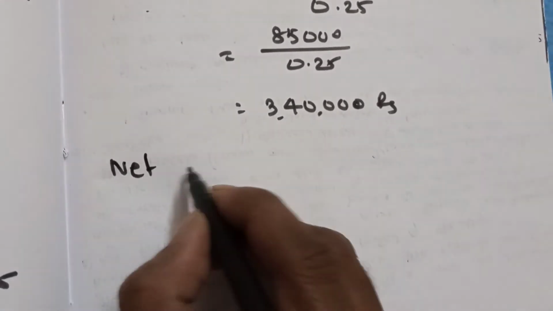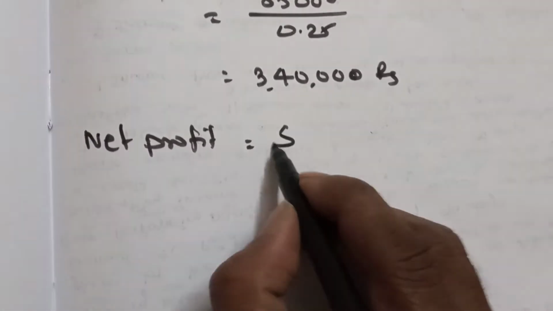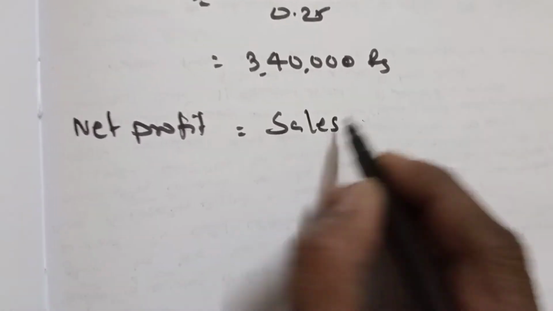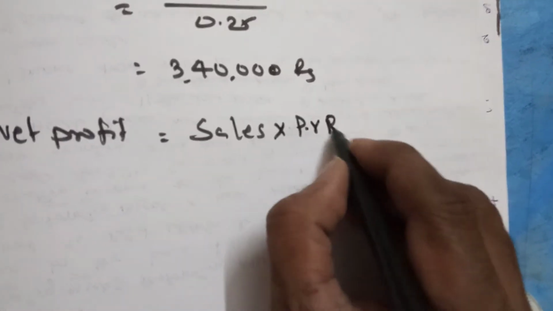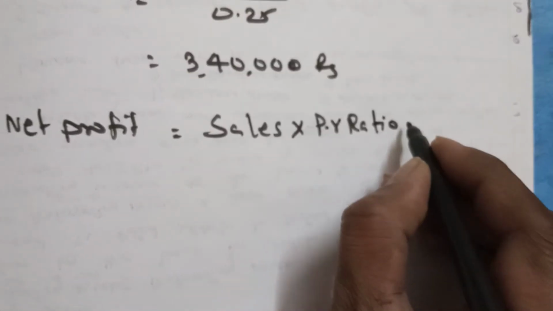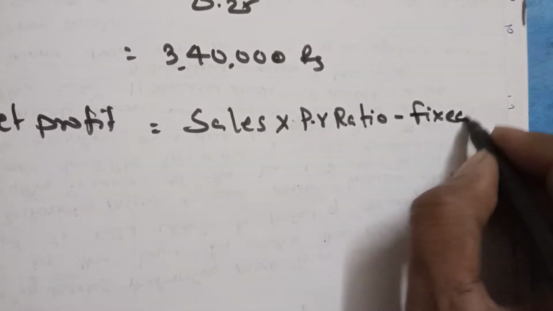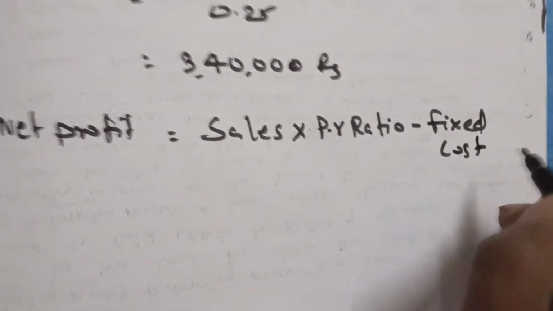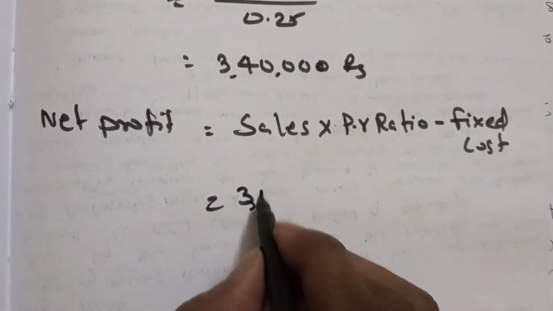So the net profit formula is sales into PV ratio minus fixed cost. Sales is given as 3 lakhs.